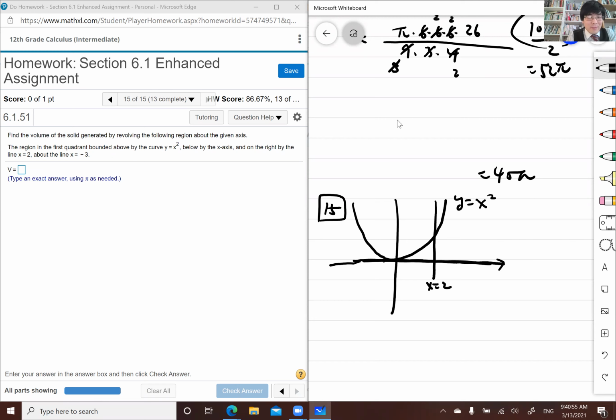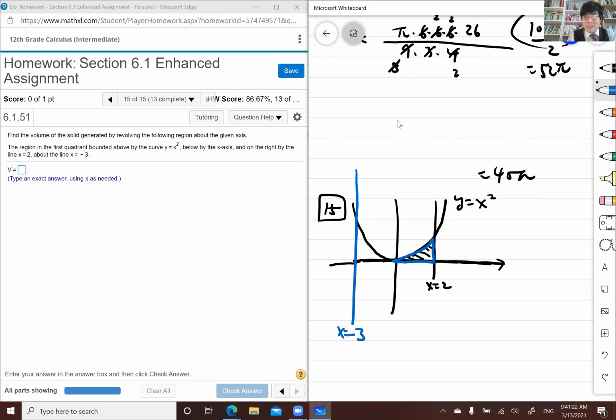Oh no, it's not bounded on the left by anything else. So this is bounded by here. So this is going to be the region, and you want to make a revolution about the line x equals -3. So this is the axis of revolution. Now we're going to make a revolution of this part.